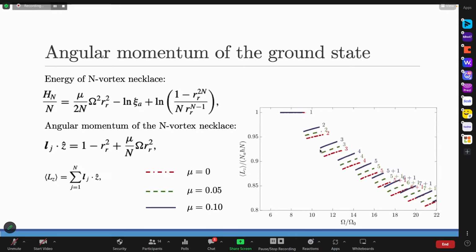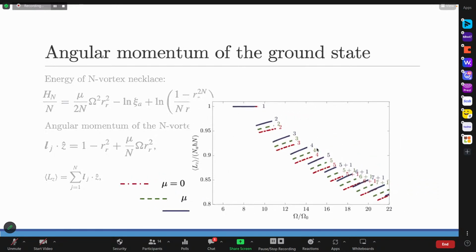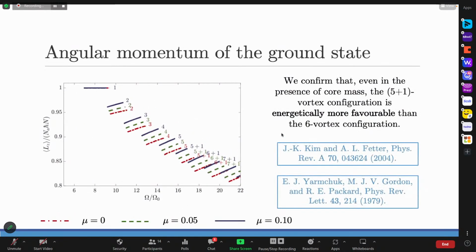But there is another aspect that, in my opinion, is quite interesting: even in the presence of mass, we have the so-called transition from the 5 configuration to the 5+1 configuration.